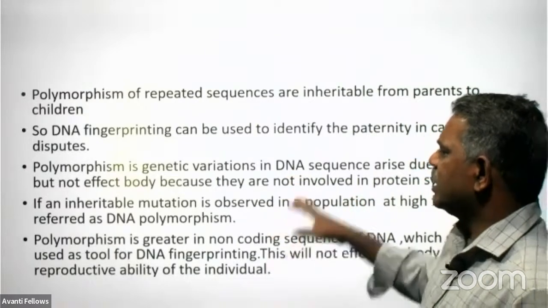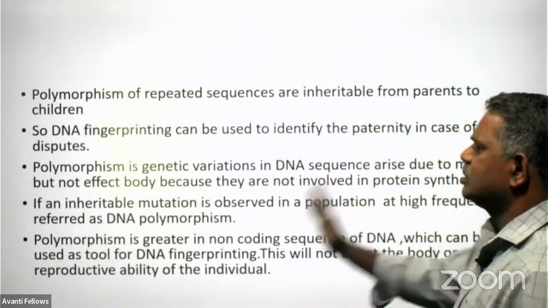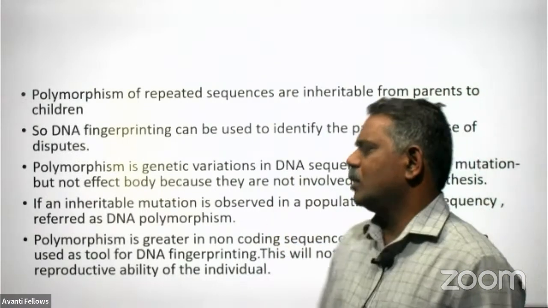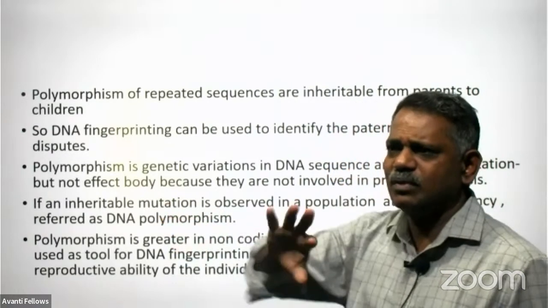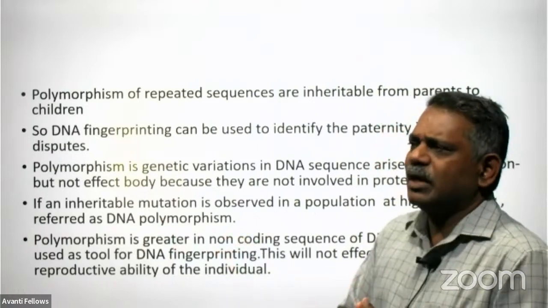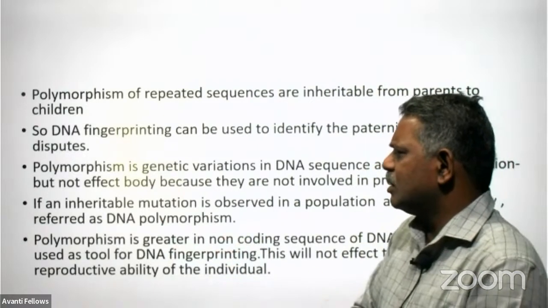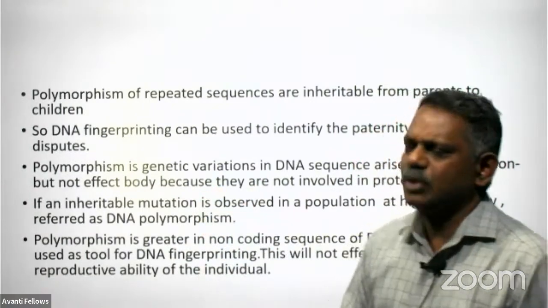If an inheritable mutation is observed in a population at high frequency, it is referred to as DNA polymorphism, because DNA polymorphism is the chemical change in the sequence of nitrogenous bases in this repeated sequence, which will be very high if it undergoes the process of mutation.